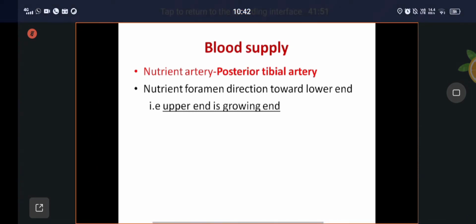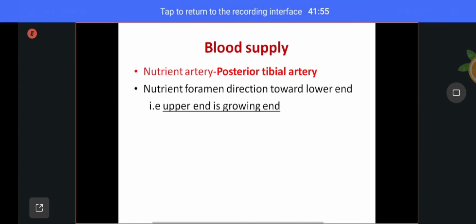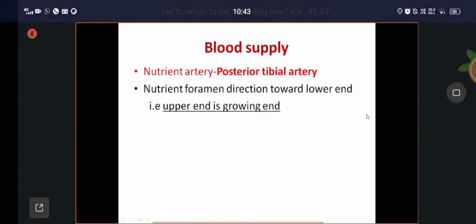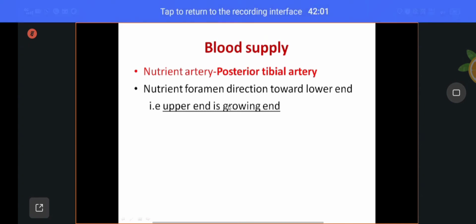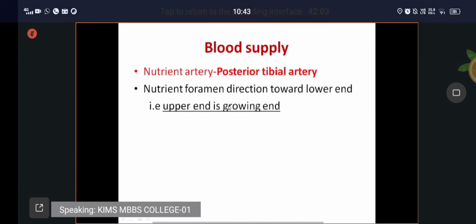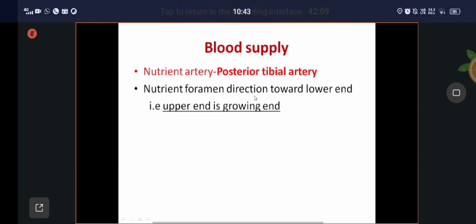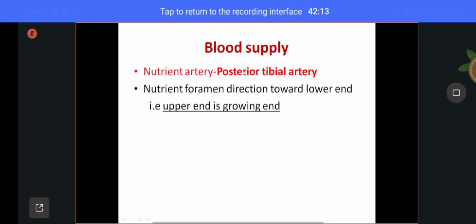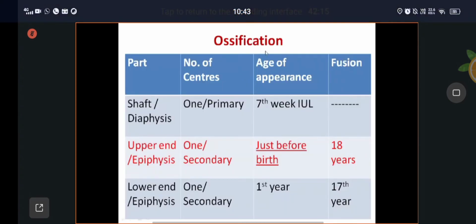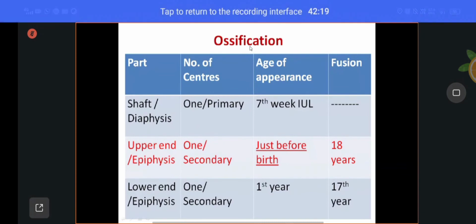Because of this, the nutrient artery always runs in the opposite direction to the growing end. Otherwise, it would be stretched and ruptured because of elongation of the growing end of the tibia. These things are very, very important. The nutrient foramen of the tibia is the largest one in the body, and that nutrient artery is the largest artery. Based on this, the growing end will be decided.